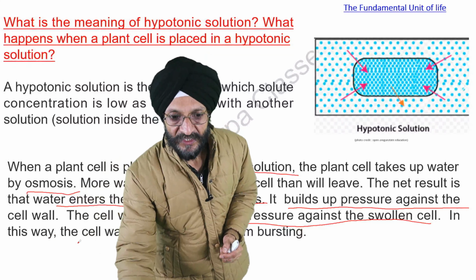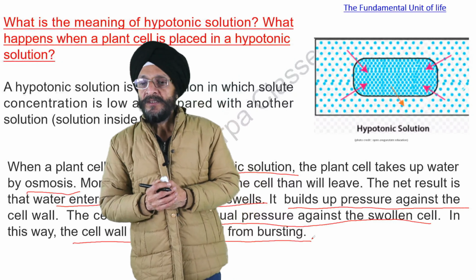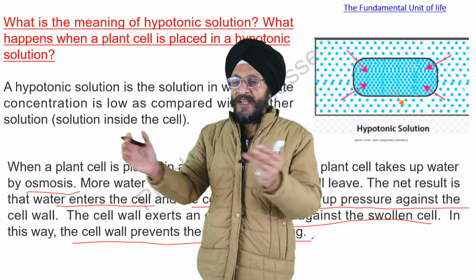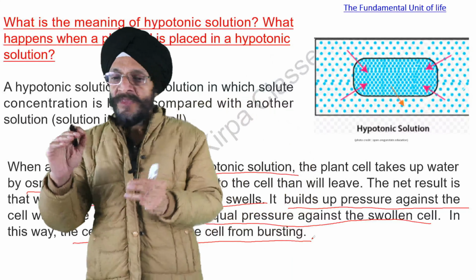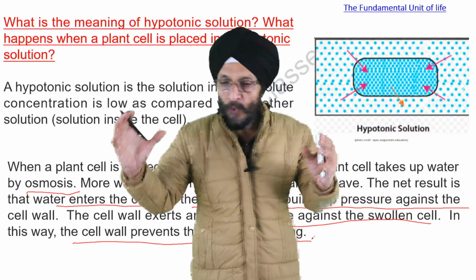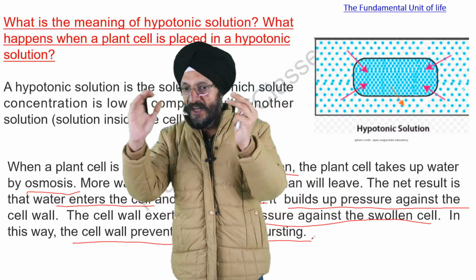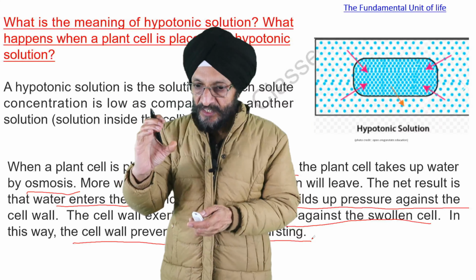In this way, the cell wall prevents the cell from bursting. We can say that as more and more water is coming inside, the cell may burst, but the cell wall prevents the cell from bursting because the cell wall also exerts its pressure inside against the swollen cell.